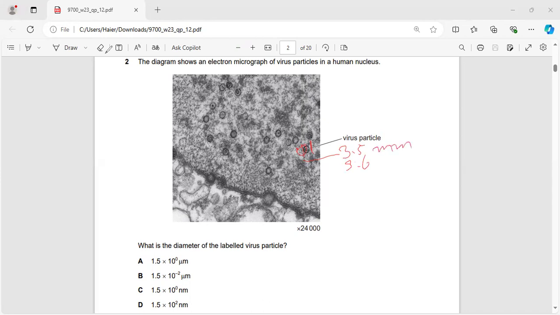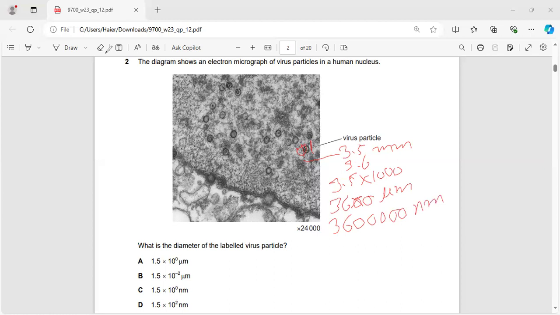We can change it first into micrometers. So 3.6 multiplied by 1000 will be 3600 micrometers. Then we will change micrometers into nanometers, multiplying by 1000 again.